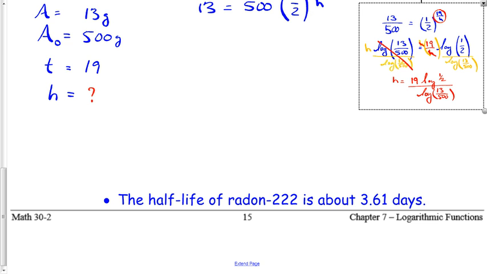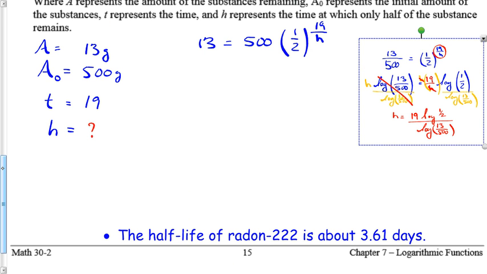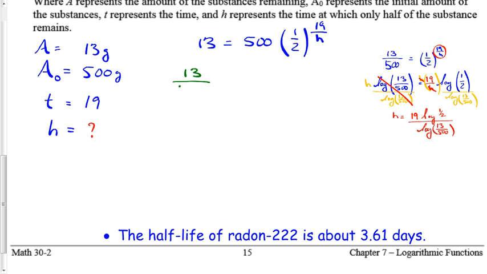Okay, let me go over the other method. Again, my first step would be the same. I'll divide the 500 on both sides to get 13 over 500 equals 1/2 to the exponent 19 over h. Then I'm going to do the logarithm.